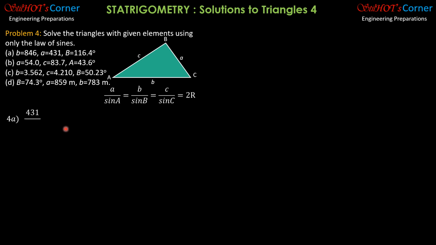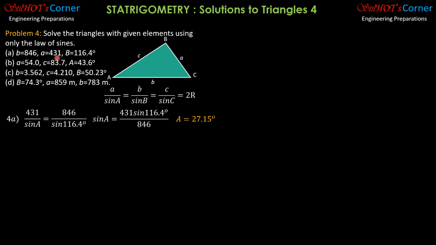So sine angle A is 431 sine 116.4 degrees over 846. And using your calculator, inverse sine of this quantity here, we get A equals 27.15 degrees.